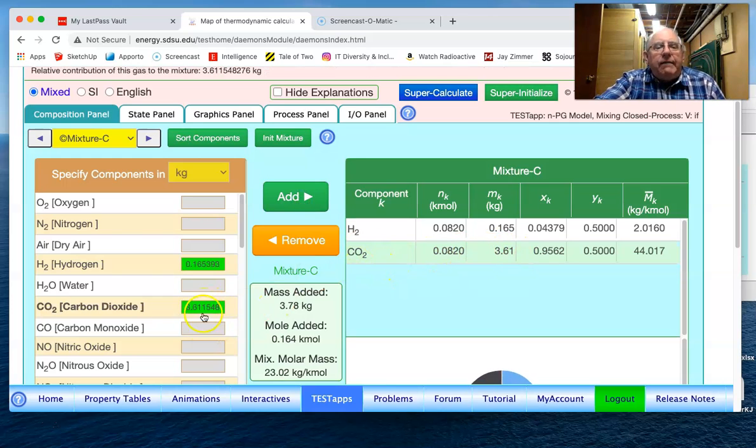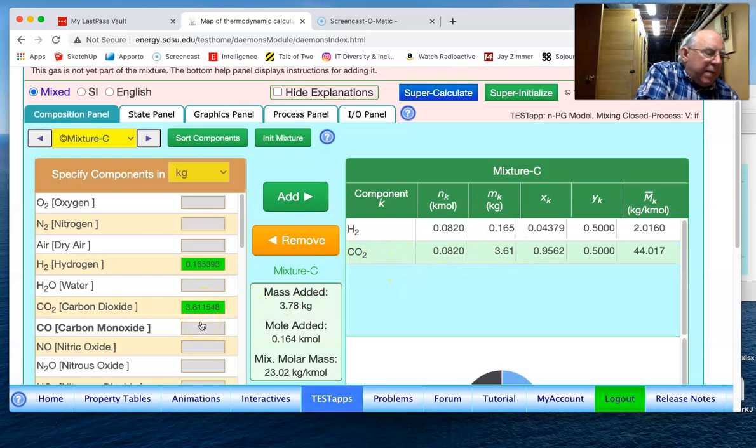Now, upon adding that, we see that the amount of mass associated with the CO2 is 3.611548. Okay, so what I've done then is I have taken the 95% of the total mass for the CO2 and the 4.3% of the mass being hydrogen, and I've put those in as the exact amount of mass for that.